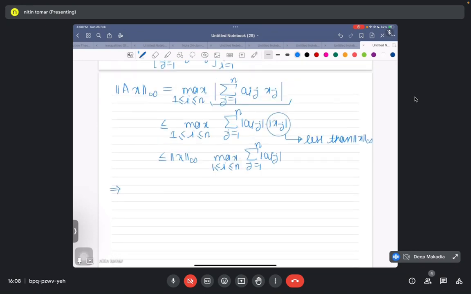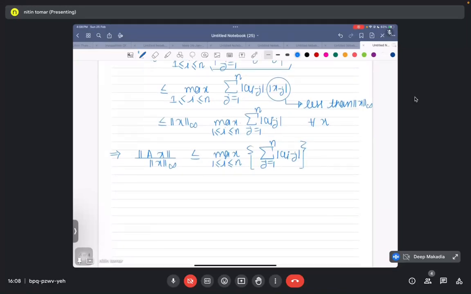Now you see this holds for all x, right? So in particular, when x is non-zero, this will happen, right? This will be less than or equal to the maximum of this. Oh, yeah, this was the infinity norm.